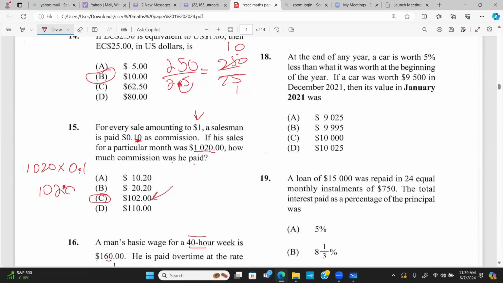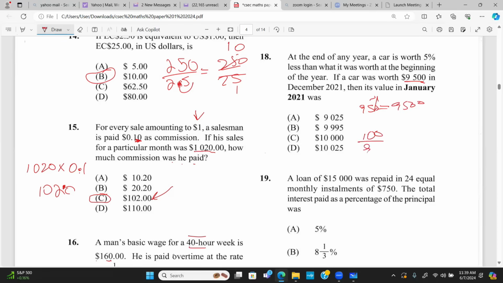18. At the end of the year, a car is worth 5% less than what it was worth in the beginning. Now, if the car is worth this in December, what was it worth originally? What we're saying is 95% is this. If I want to go to the original for that year, I'm going to reverse this.